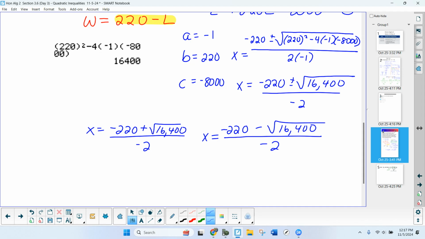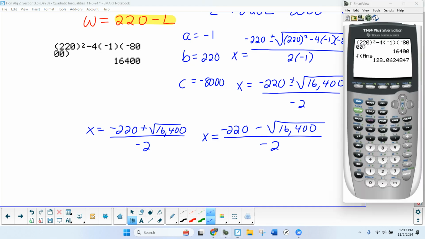Now, when you do this in your calculator, you do the numerator, hit enter, and then divide by negative 2. If you don't, you have to get really parenthesis crazy. So do negative 220 plus the square root of 16,400, hit enter, and then divide that whole numerator by negative 2.